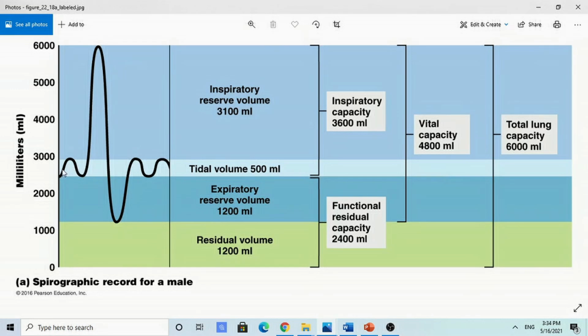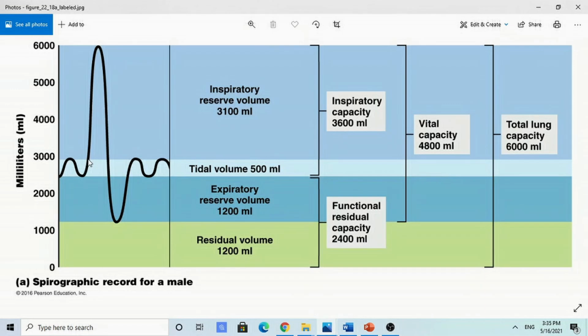Let's start here. We have been breathing in and then we breathe out and then we breathe in normally. If we try to breathe more, applying effort after breathing the normal amount, for example, we breathe in, follow my cursor, we breathe out quietly without effort, and then breathe in without effort.